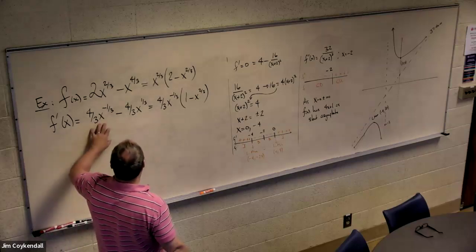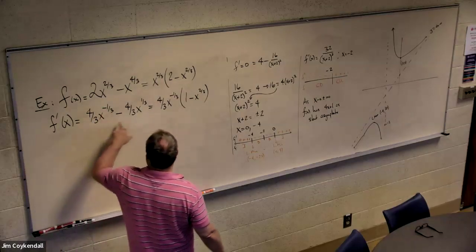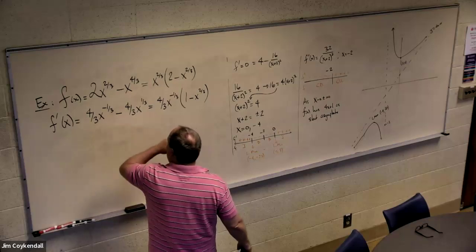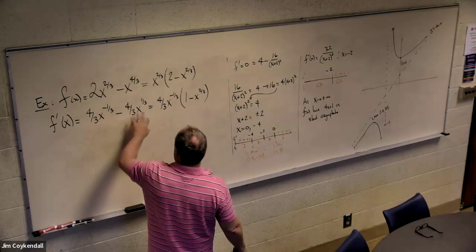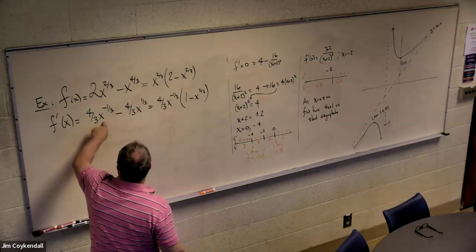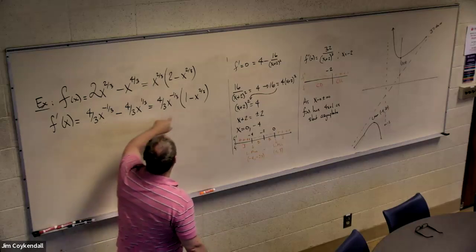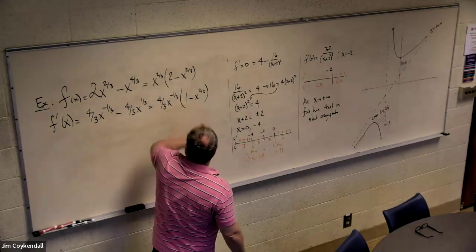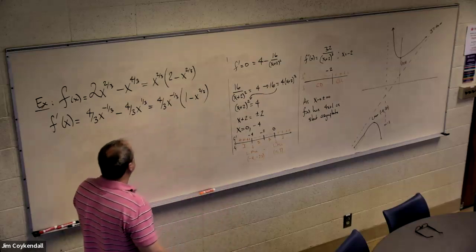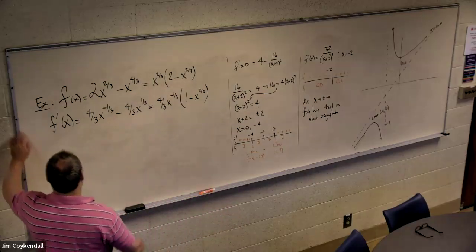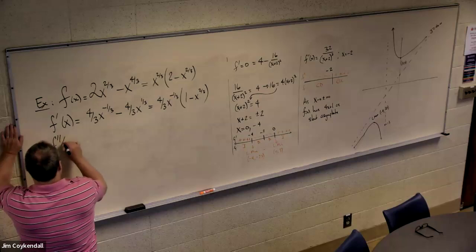Again, I pulled out the 4/3, so it's kind of a common factor. And I pulled out the largest sort of negative power that I could, x to the minus 1/3. That would be with a 1 here and an x to the 2/3. And when we add it, let me take another derivative.